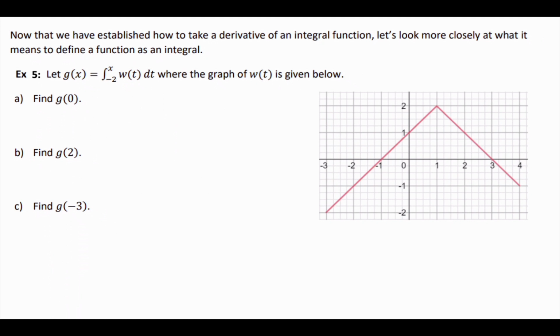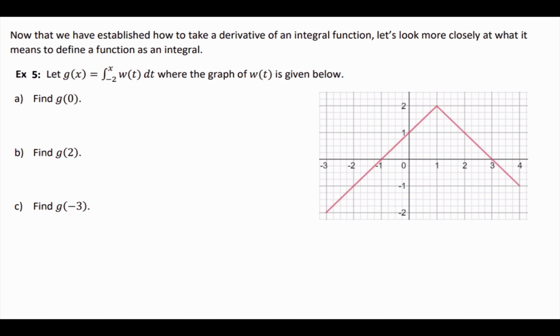Okay, so this question says, now that we've established how to take a derivative of an integral, let's look closely at what it means to define a function as an integral. So g of x is equal to the antiderivative there.